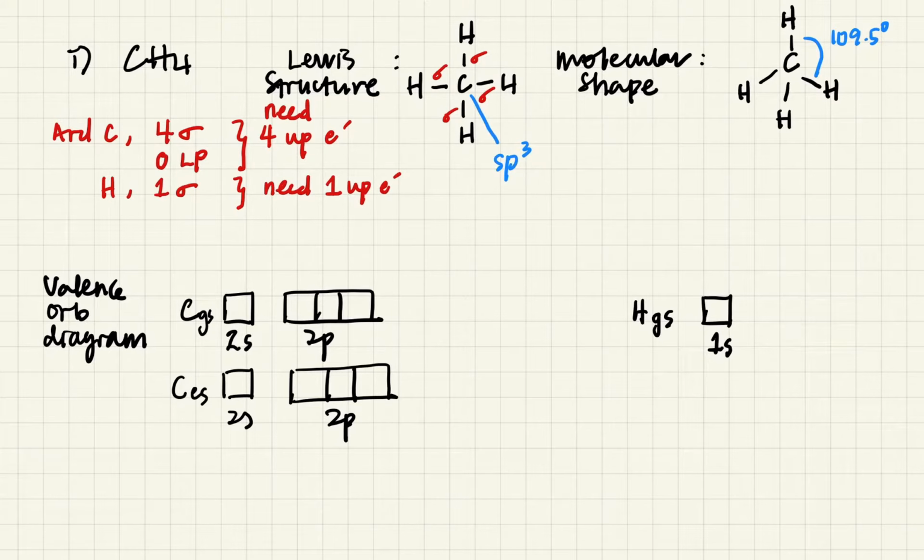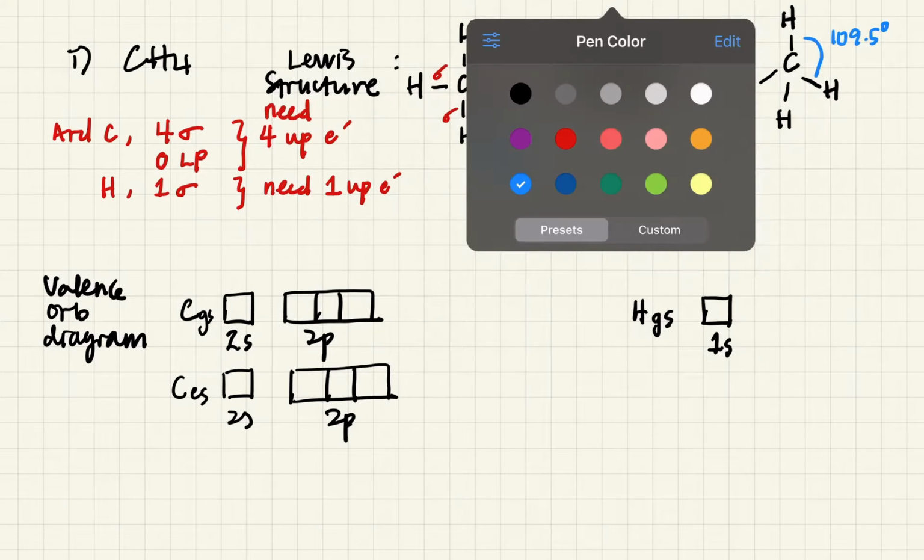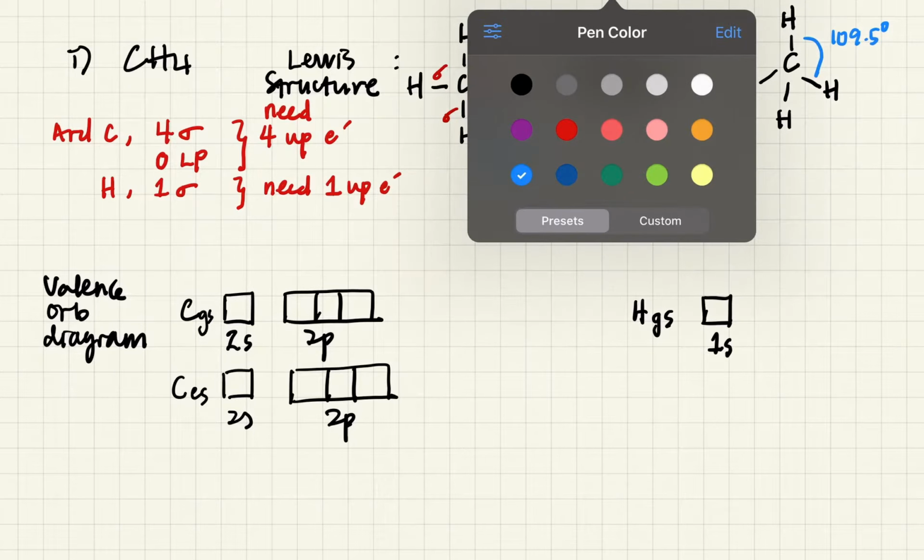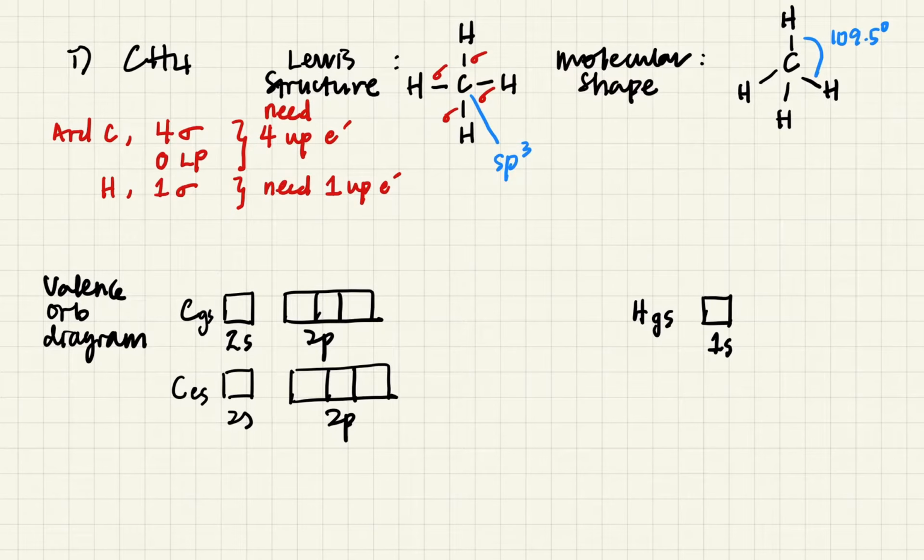So we will start with carbon ground state. So carbon at ground state meaning the carbon as an atom. So carbon is in group 14. So that means you have 2s2 and 2p2 valence electronic configuration. So you're just going to fill in your electrons.